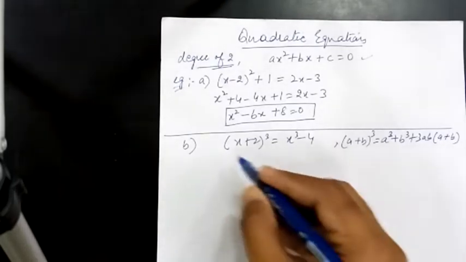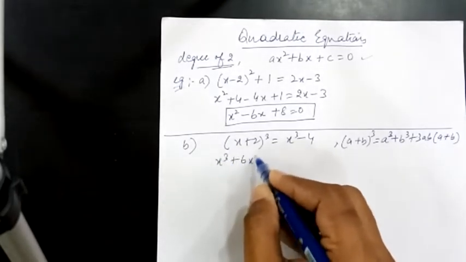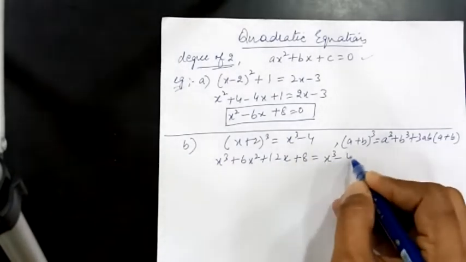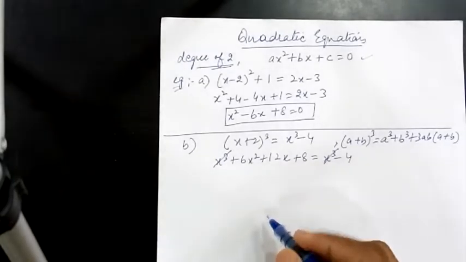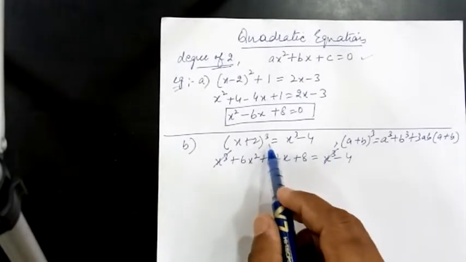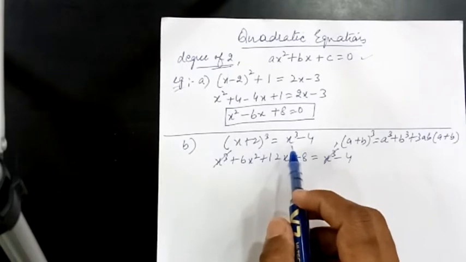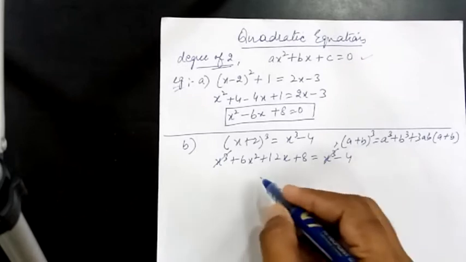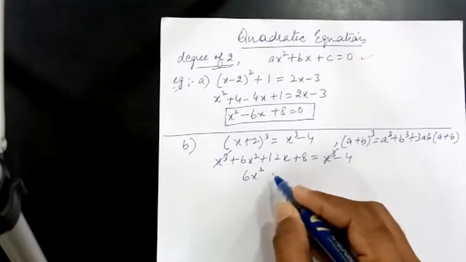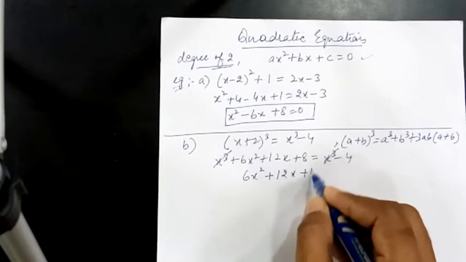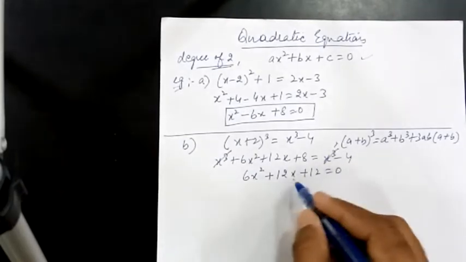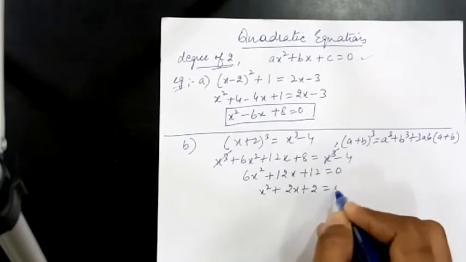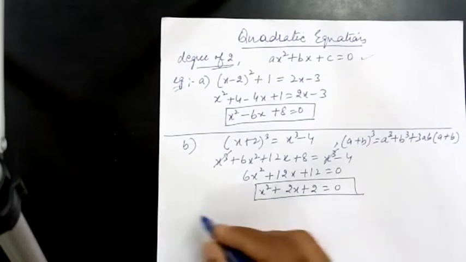Once you put this identity, you get x cube plus 6x square plus 12x plus 8 is equal to x cube minus 4. x cube cancels. So on the very first instant it appeared to be a cubic polynomial, a cubic equation, but as you can see, after solving it out you get this type of equation. You take 6 as common from it and you get this. So this is also a quadratic equation.